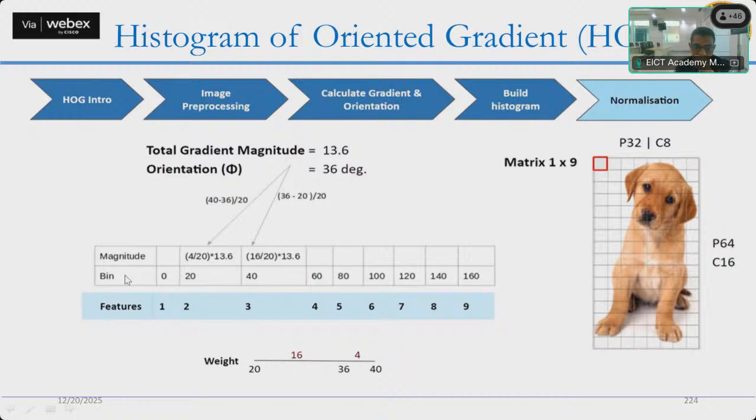But we call it the bin also sometimes. Total gradient magnitude is this one, orientation is this one. Thereafter we calculate the magnitude and in this way we complete this chart here.